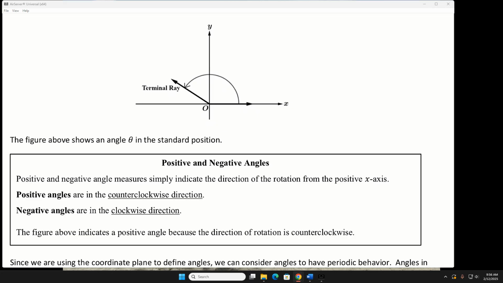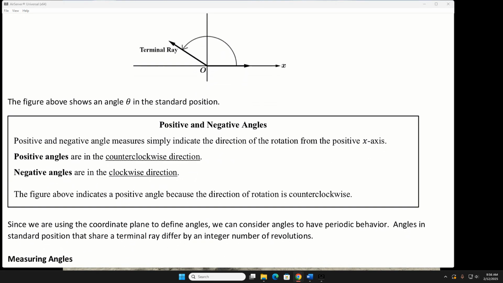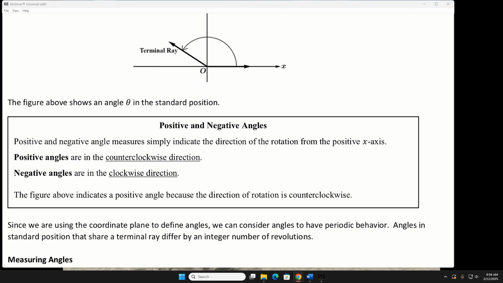The positive rotation is like this, going around the axes, like the quadrants are ordered, 1, 2, 3, 4. That's a positive rotation, but there's also a negative rotation. If we start at the positive x-axis and rotate around clockwise, that's considered a negative angle. This one that's graphed is positive because the rotation is counterclockwise.